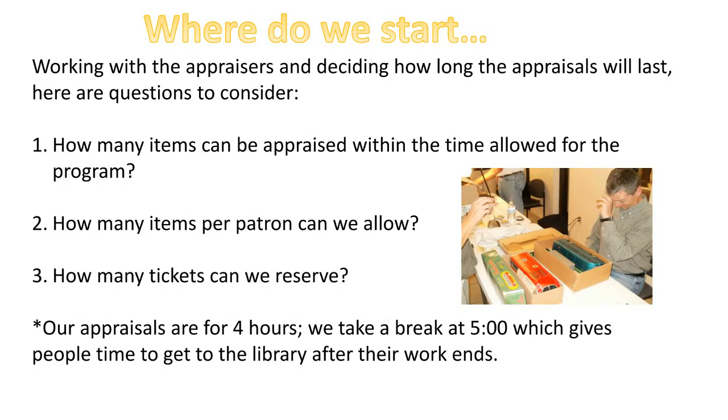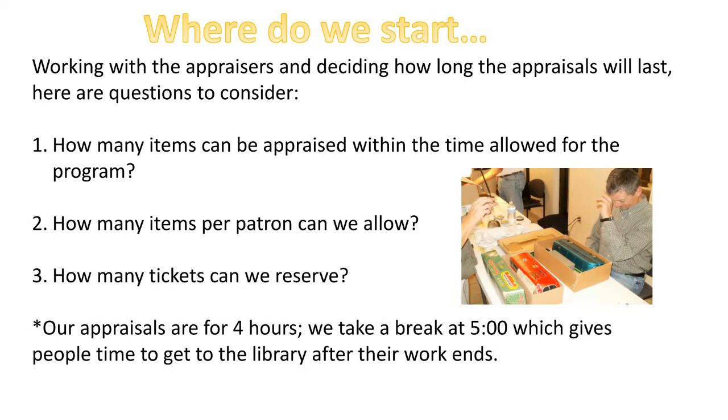So I decide how many items we can allow each patron to bring for the time we have. I usually say 2, but as long as we are running on schedule, if that person that has 2 items wants to bring a third item, as long as they're not in line, they can take it back through.